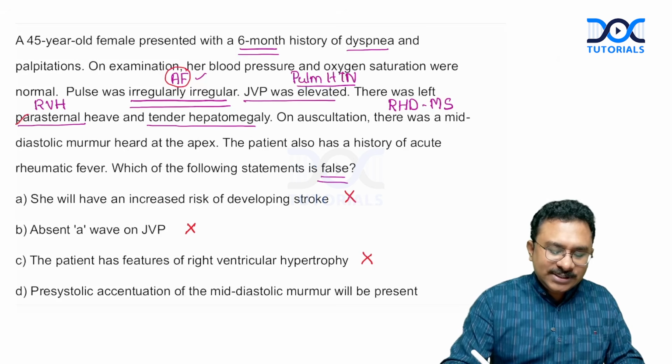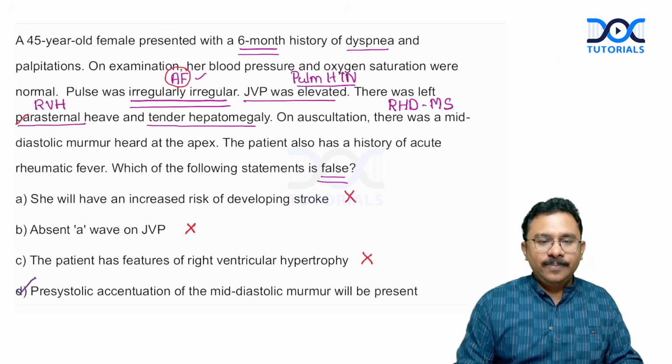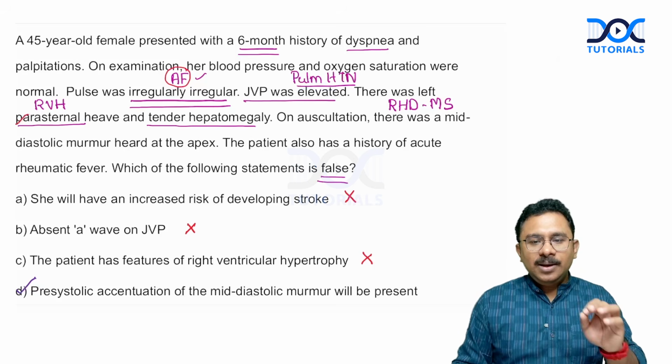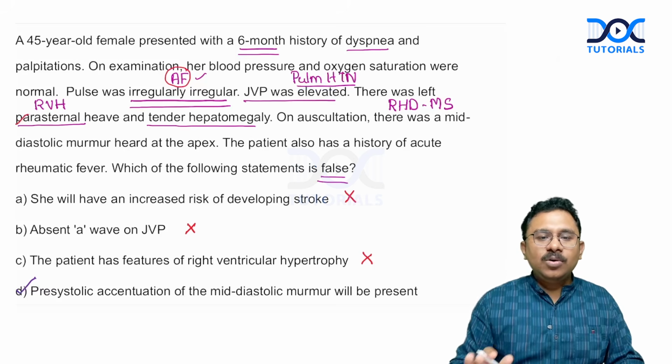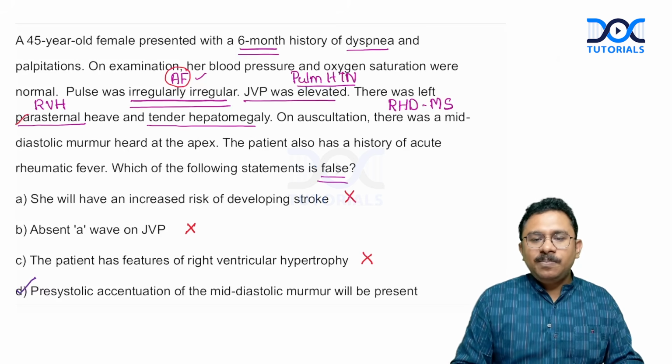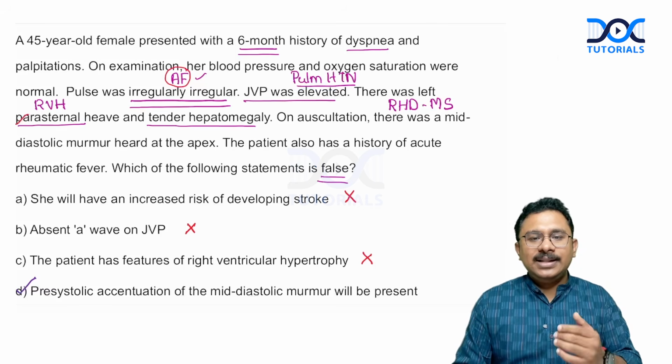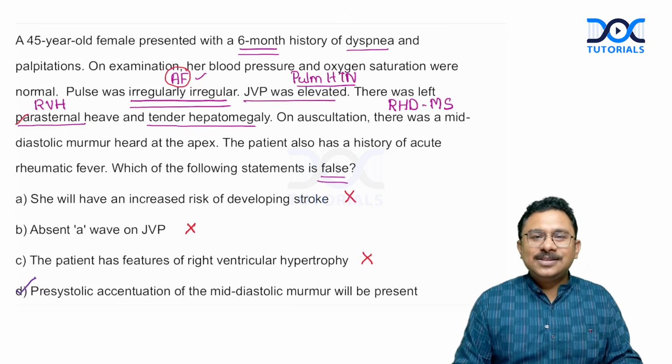So the answer for this question is going to be option D. Always remember, in a patient with AF and RHD-MS, you are not going to get the expected presystolic accentuation, and that is going to be the correct answer for this question.